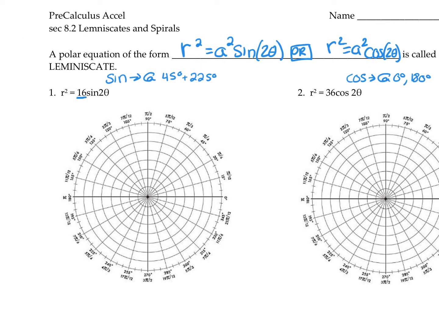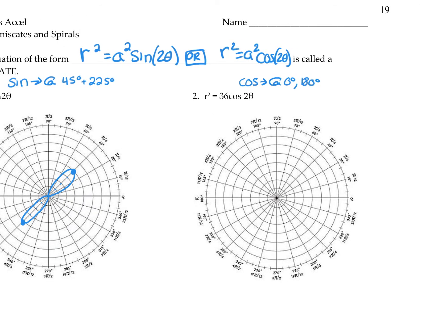My length is always a, and so my a squared in this case is 16, so my length is going to be 4. So I'm going to put my length of 4 at 45 degrees and 4 at 225 degrees. Draw my two petals or loops, and that's what my lemniscate would look like.